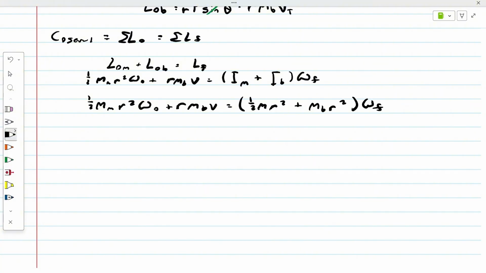And so now we can go ahead and cancel some things out. So we can cancel out a radius from each one of these. And we can also multiply by 2 so we can get rid of our fractions. And so that'll clean this up a little bit.